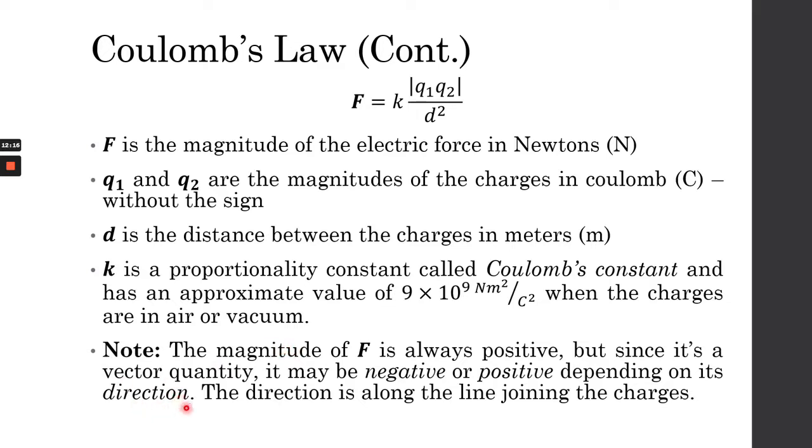I want you guys to remember that for a vector quantity, the F, the magnitude, is always positive, but the direction can be negative or positive. So the negative and positive sign that you put on your F is basically the direction. This is important to remember because when we start talking about the superposition principle, I don't want you guys to get confused. So just remember that.